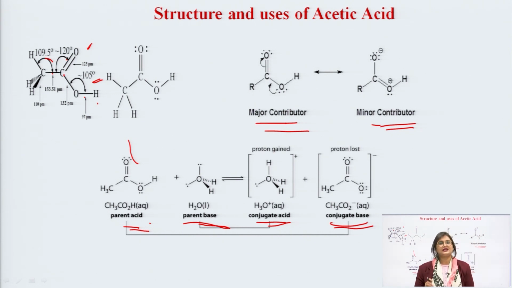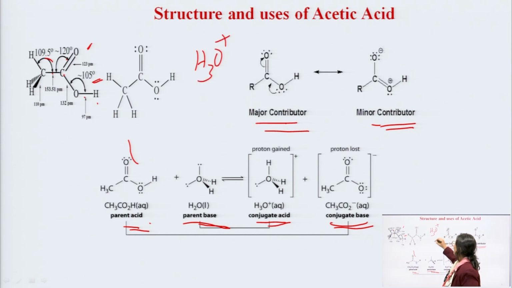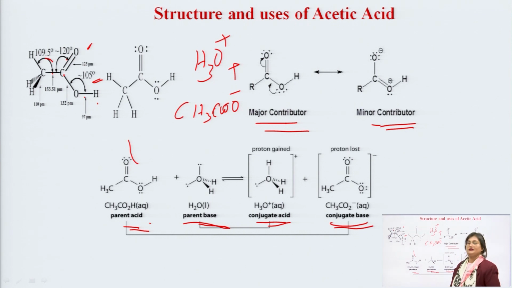So, when acetic acid is placed in water, the resulting product is a mixture of a conjugate acid and a conjugate base. The conjugate acid in this case is H3O+ and the conjugate base is CH3COO-.